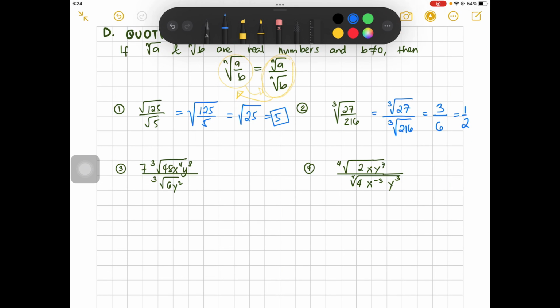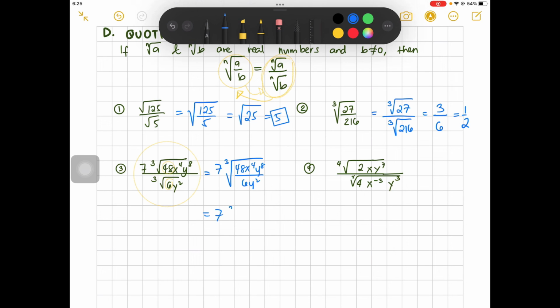Okay, number 3. So we have here this expression. Take note, 48 is not a perfect cube. 6 is not also a perfect cube. So baka magandang pagsamahin. So 7 cube root of 48 x to the 7 y to the 8 over 6 y squared.